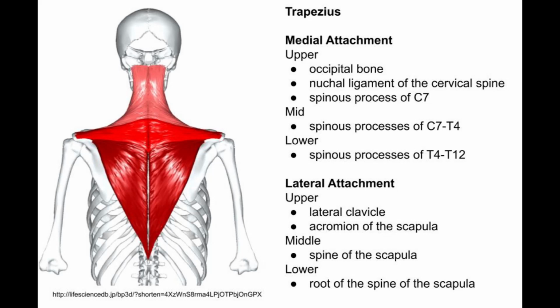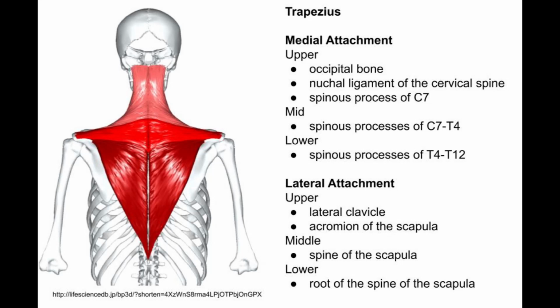So medially, the upper trap has attachments on the occipital bone, the nuchal ligament of the cervical spine, the spinous process of C7. The middle trapezius has attachments on the spinous processes of C7 to T4, and the lower trapezius has attachments on the spinous processes of T4 to T12.